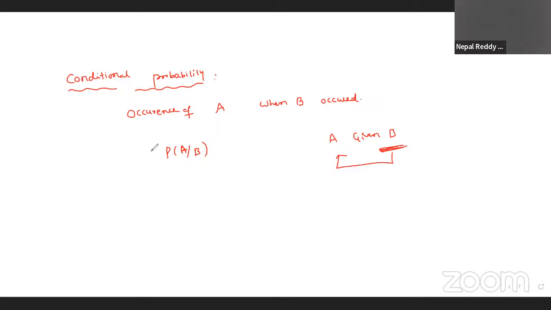So, symbolically, probability of A given B we have to read, and it is defined as probability of A intersection B divided by probability of B. In case probability of B given A is asked, the numerator is probability of A intersection B and the denominator is probability of A. This is the basic definition of conditional probability.